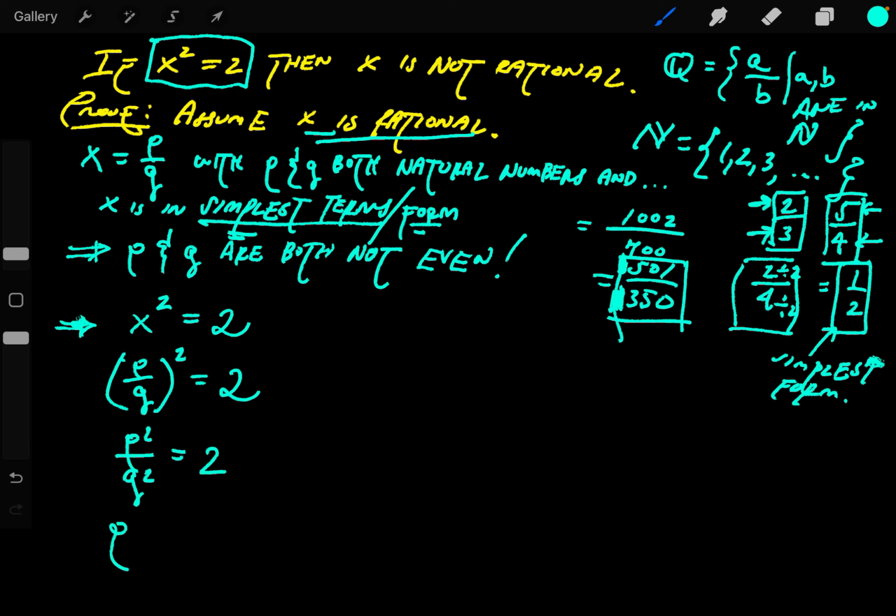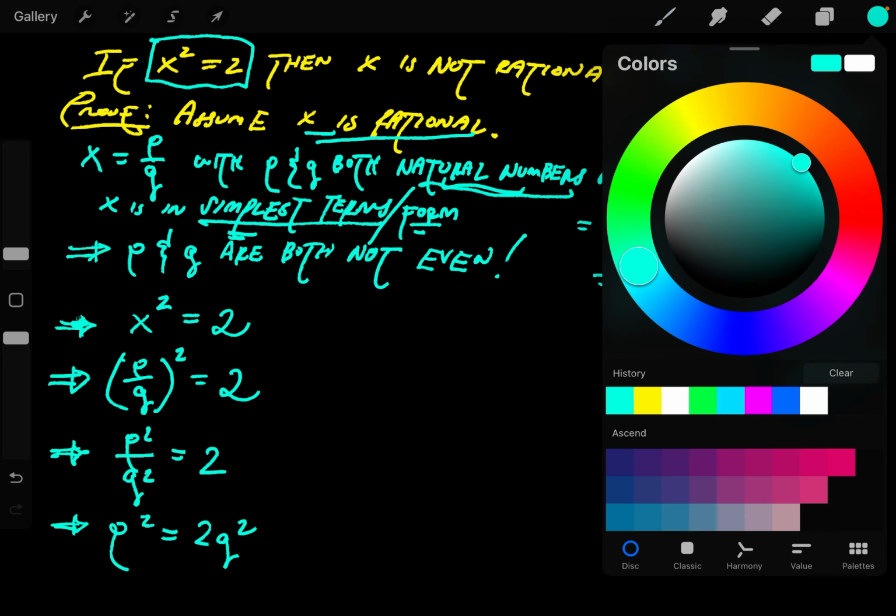And I get p squared equals 2q squared. Now this equation is true with p and q natural numbers that don't share any factors. So in particular, they both can't be even.